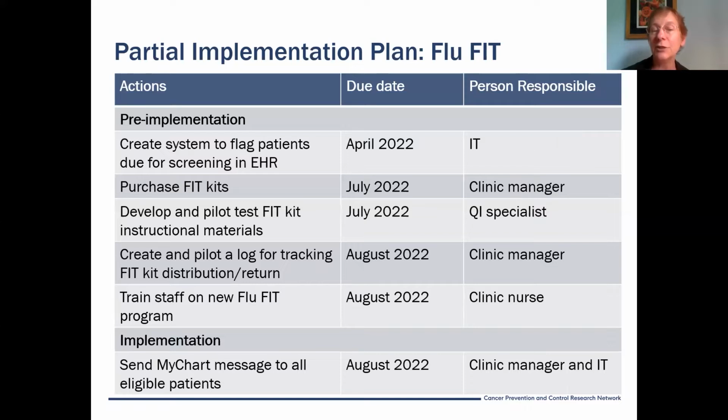So the first action is you need to create a system to flag patients due for screening in the electronic health record. You're going to try and get that done by April. And the person you're going to ask to do it is from information technology. You need to purchase your FIT kits, which are your colorectal cancer screening tests, and you want to get that done by July. And the person you're going to ask to do that is the clinic manager. And the implementation plan continues on from there.